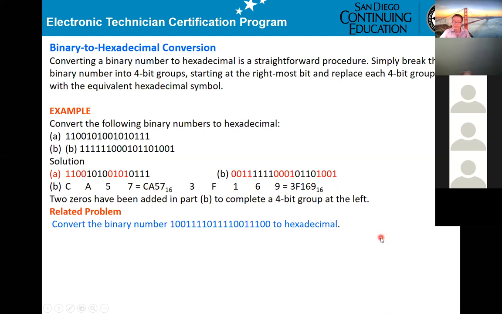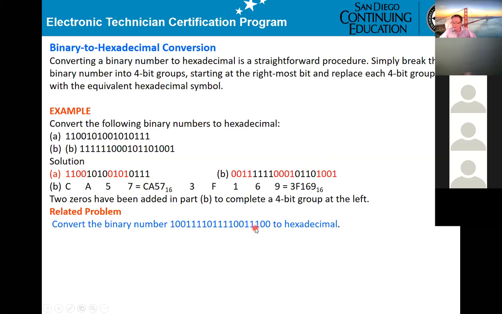Then you do a related problem for me. This one you really must know. When you start doing the lab, you will be using it all the time. I can look into that and tell you right away.